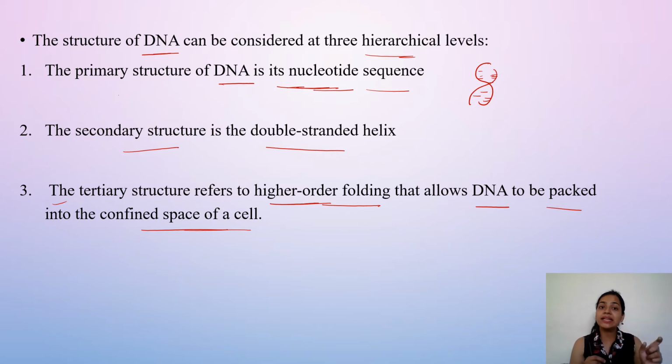The DNA has to pack itself in such a manner, it has to get tightly condensed so that it can be fitted into the nucleus of the cell. To be accommodated within that nucleus, the DNA has to condense to a very high degree.